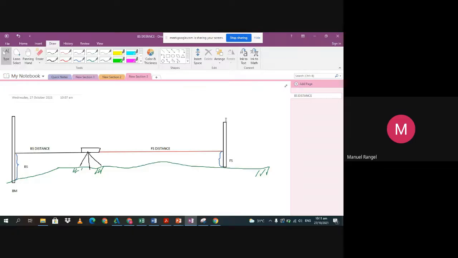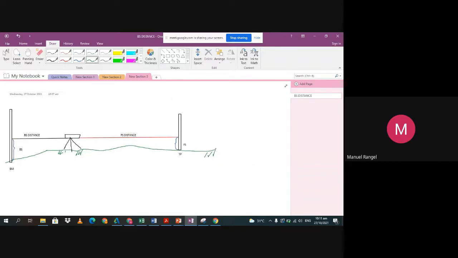So this location sa rod is mahimo na siyang turning point, TP. Okay? So once makuha ninyo ang ilahang reading sa BS and the foresight, pag-transfer ninyo sa instrument, mo siyang gitawag na turning point kay mo turn man ang imuhang instrument diha from another point or location.